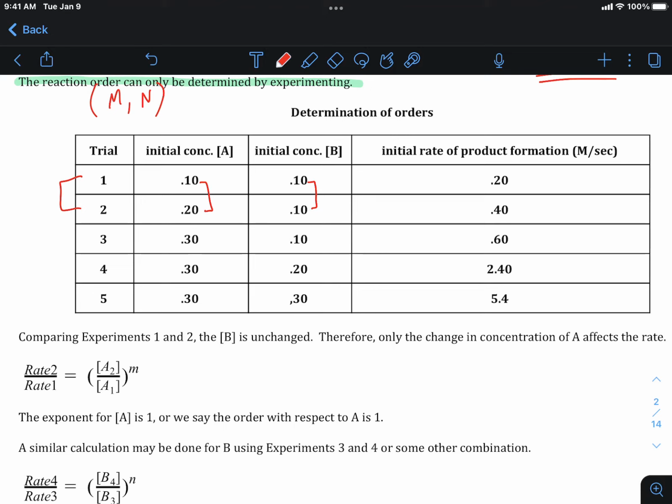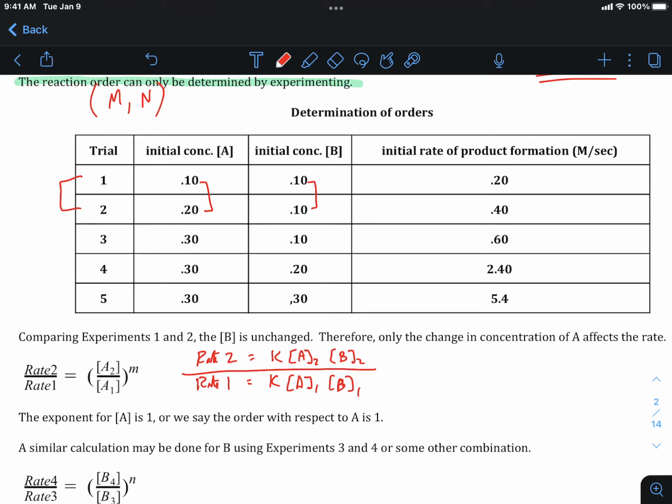So the rate law, in general, rate 2 is equal to k times the concentration of A2 times the concentration of B2, divided by rate 1, which is the constant k times the concentration of A1 times the concentration of B1.